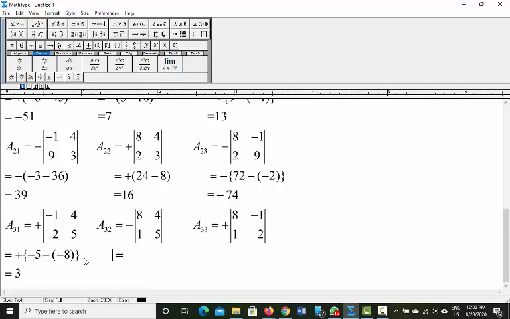Is equal to, so there is a minus before this one, so we will put the minus bracket. First we will multiply right diagonal elements, that is 8 multiplied by this 5, that is 5 multiplied by 8, that is 40, minus 4 multiplied by 1, that is 4.